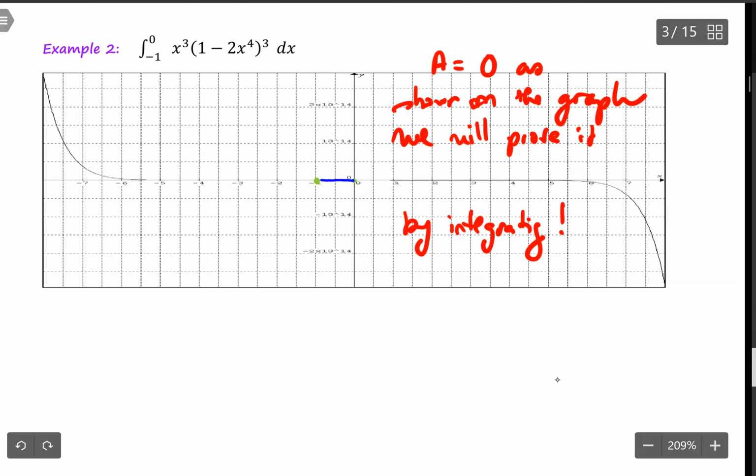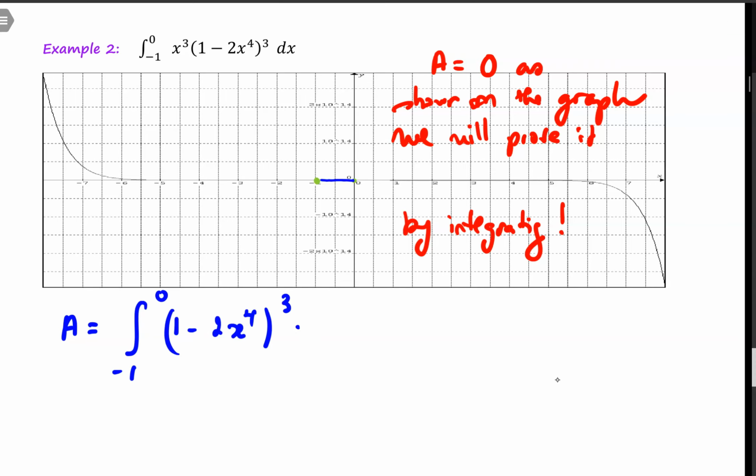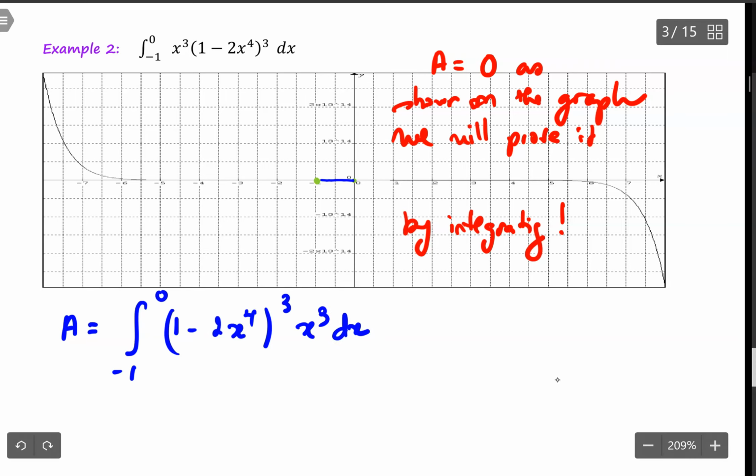Alright, so I will write A equal to the integral from -1 to 0 of (1 minus 2x to the 4), all of it to the exponent 3, multiplied by x to the exponent 3 dx.